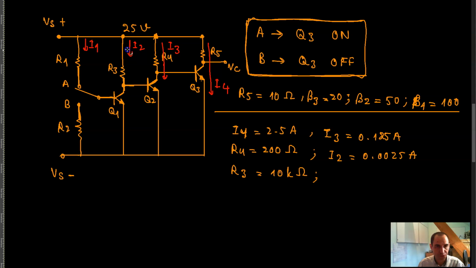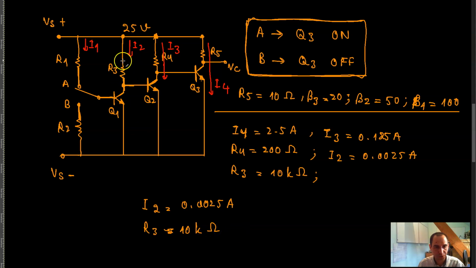Meaning that over here I have a current of 0.0025 amps, right? So I of 2 is equal to 0.0025 amp, and R3 is 10 kilo.